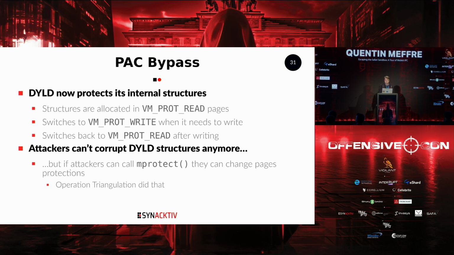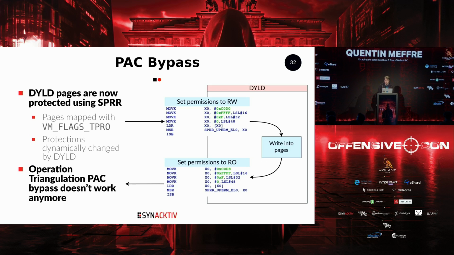So now an attacker can't usually corrupt the structure, but if an attacker is able to call the mprotect syscall using arbitrary parameters, then they will be able to change the page's permission, and that's exactly what Operation Triangulation did.